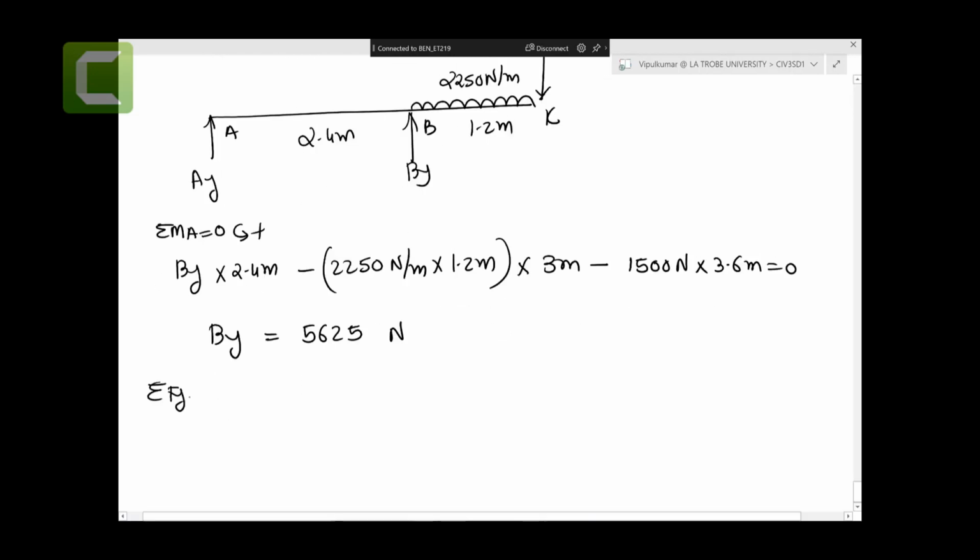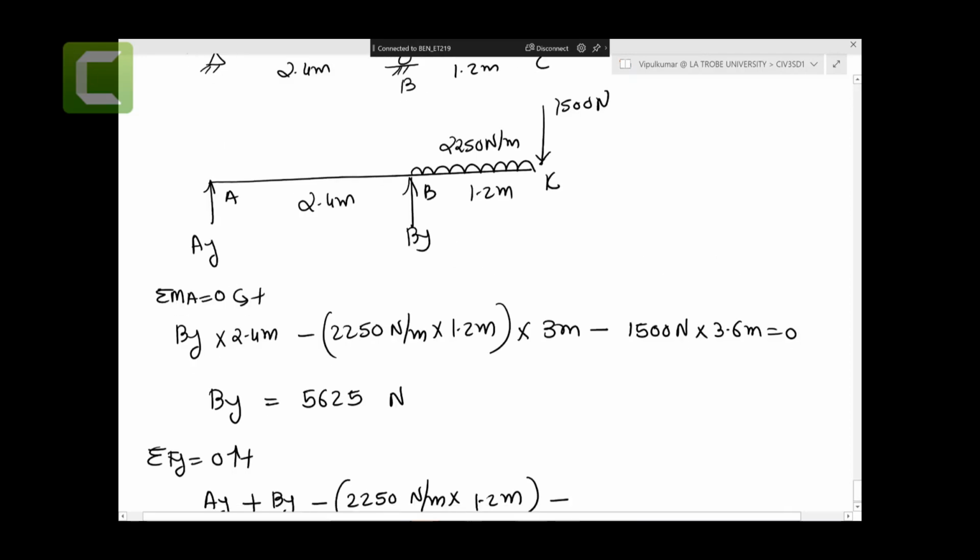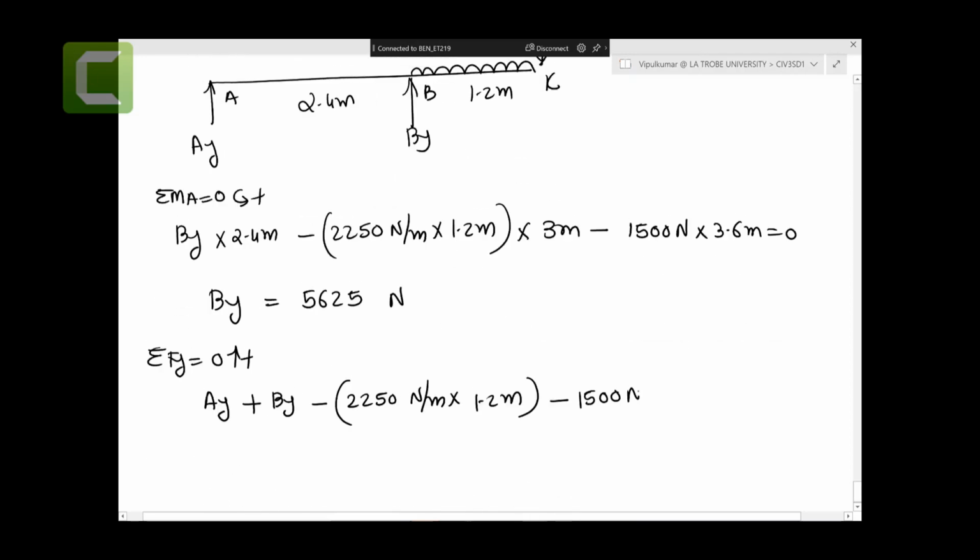Sum of the forces in the y direction, upward is positive. Ay going up, By going up, 2250 Newton per meter times 1.2 meter coming down, minus 1500 Newton coming down.